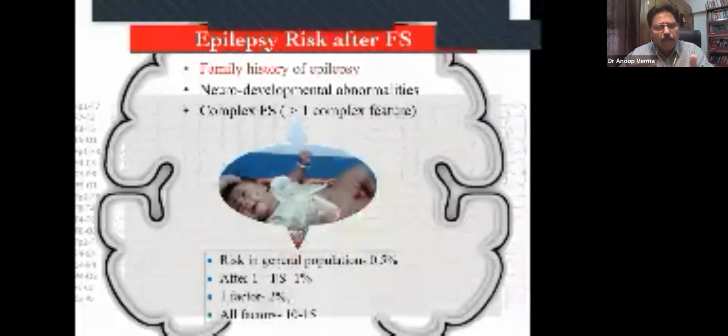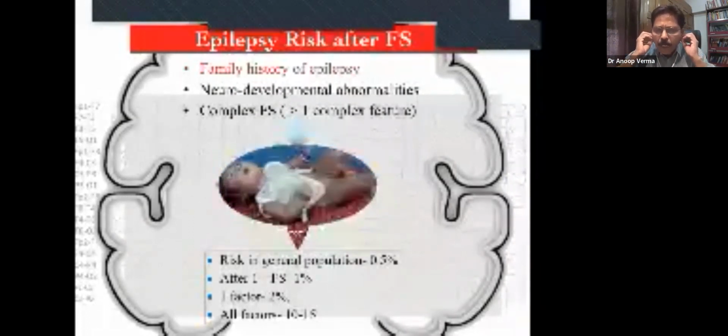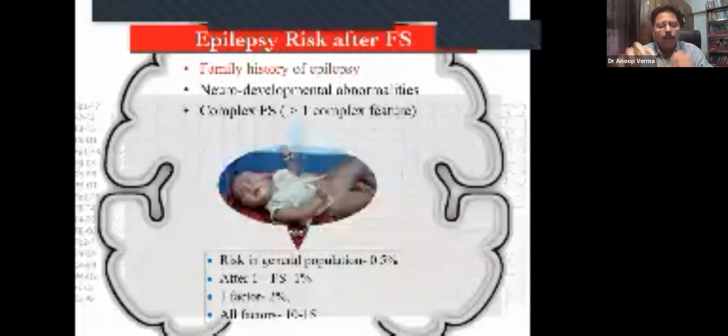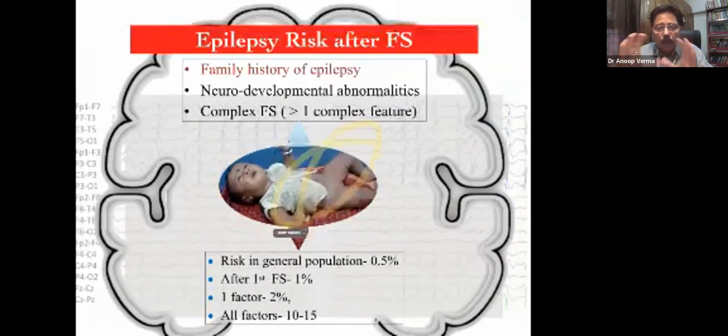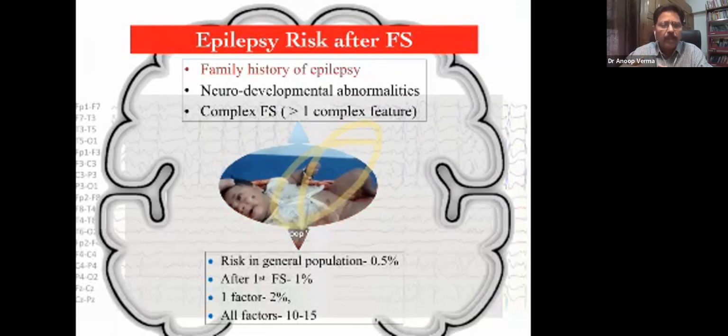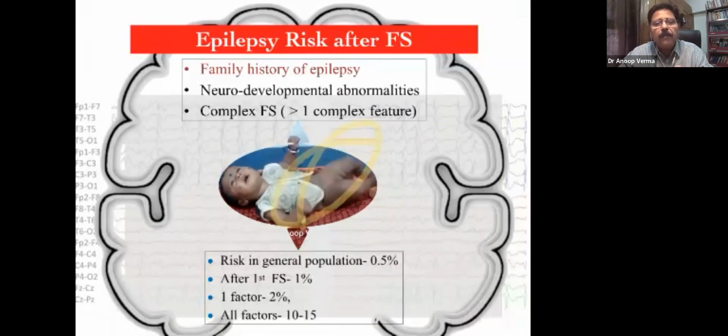The risk in the general population without risk factors is 0.5%. After the first febrile seizure, the risk is 1%, with one factor 2%, and if all the factors combine, there is a 10 to 15% chance of the patient turning into epilepsy.